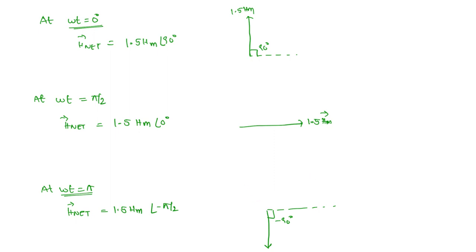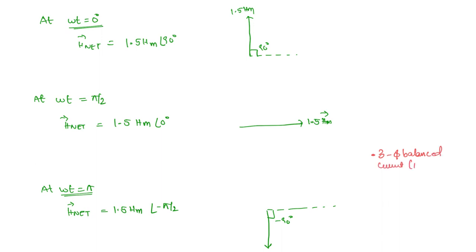This is how you are getting a rotating magnetic field with the help of 3-phase balanced currents. So please write it down once again. You are making use of 3-phase balanced currents.